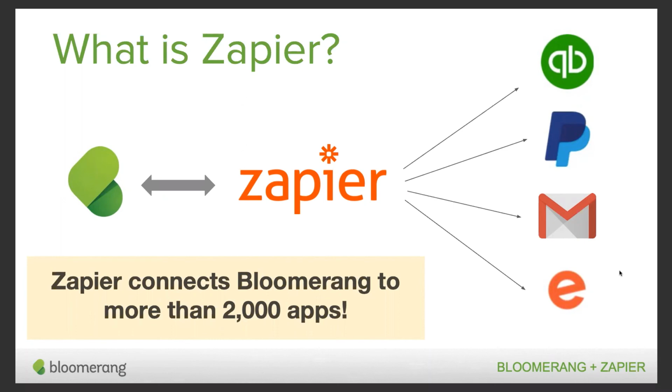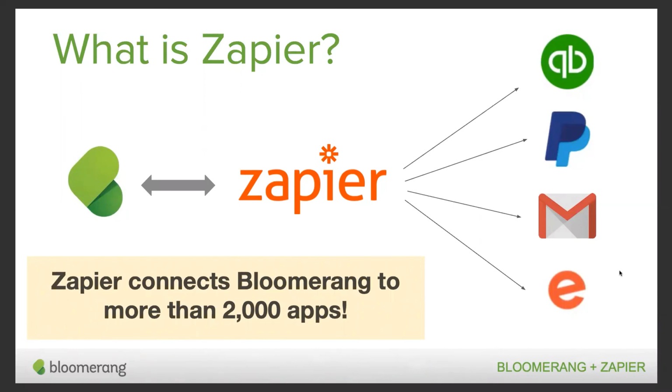Now you might be wondering why we're talking about Zapier when this is a presentation about Bloomerang and Google Sheets, and that's a fair question, and I think it probably is going to offer some exciting answers for you. Zapier is software that enables Bloomerang and Google Sheets integration. It's the middleware that sits between Bloomerang and Google Sheets, helping them talk to each other.